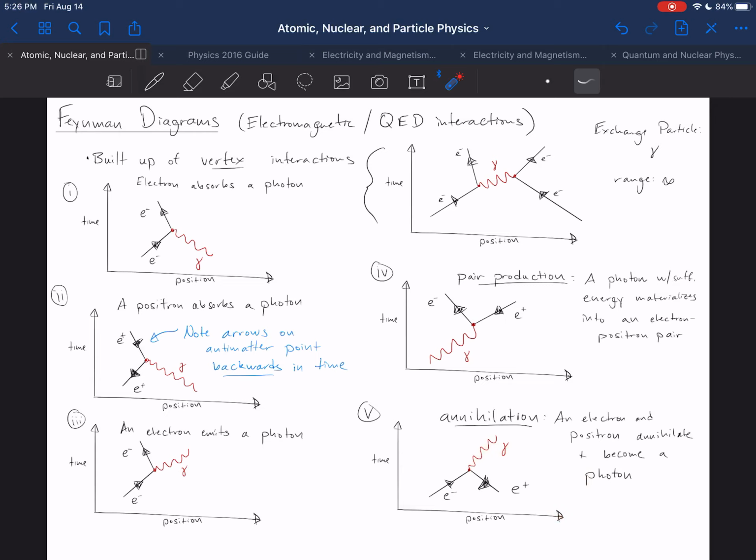Annihilation is also why matter and antimatter need to be kept separate if they're going to be kept existent. So anytime matter gets near its own antimatter particle, notice that by definition, such an interaction will conserve all possible quantum numbers, and as a result, you get annihilation. So that is a common theme in sci-fi, is the use of matter and antimatter to make a bomb or something like that.